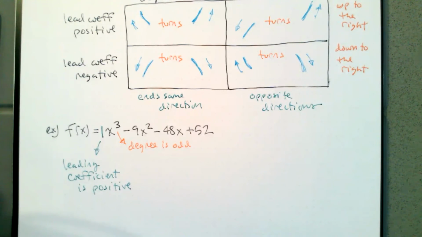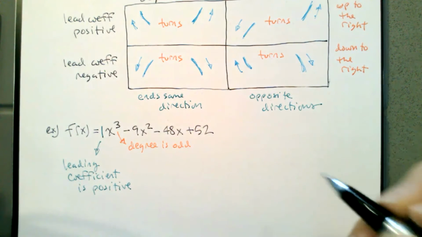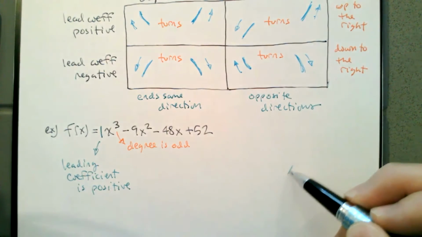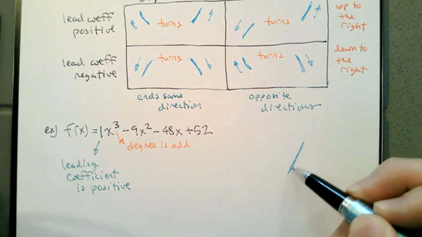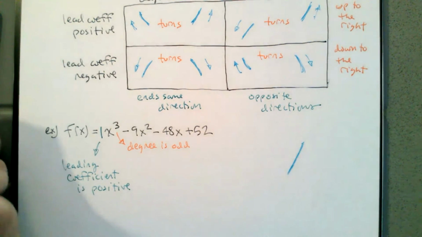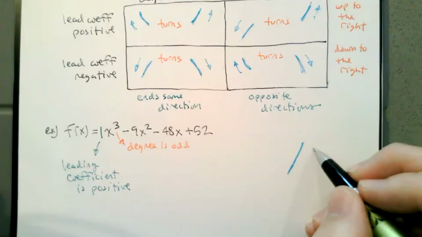So this tells us that the graph will rise to the right and fall to the left. The leading coefficient is positive, so the graph will go up as x goes to infinity. And since the degree is odd, the left side will do the opposite.